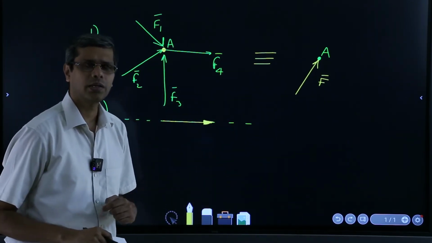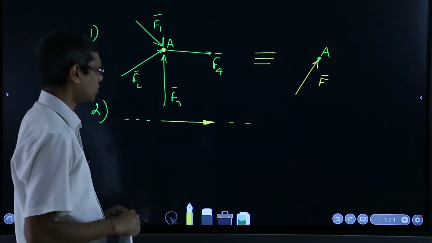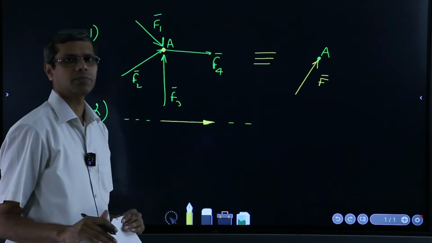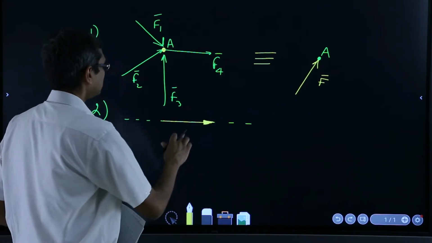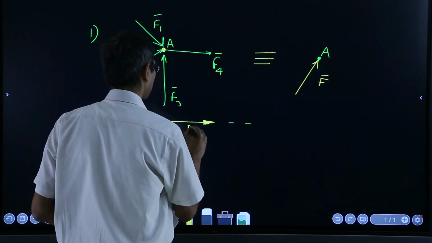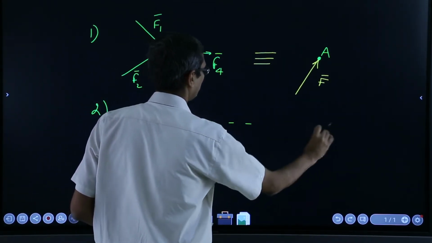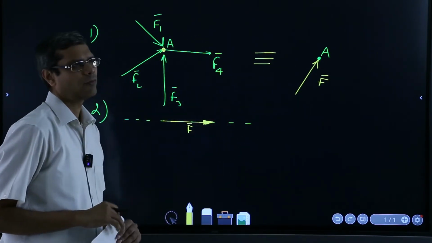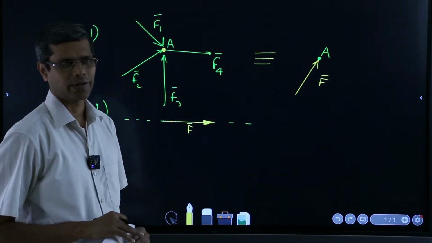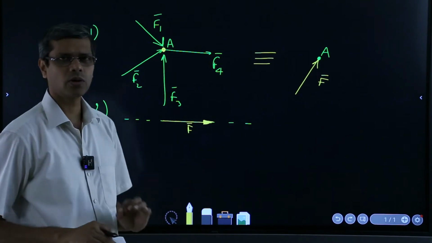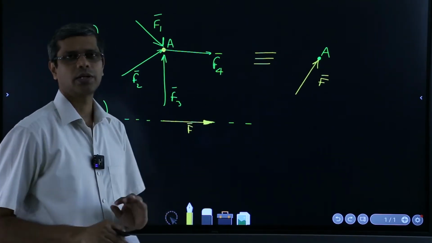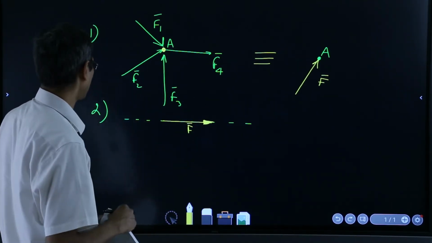So when we are studying the dynamics of a rigid body, forces are transmissible. That means if the force is F, on this line of action you can move the force without changing its effect, because we are not considering any flexible body.